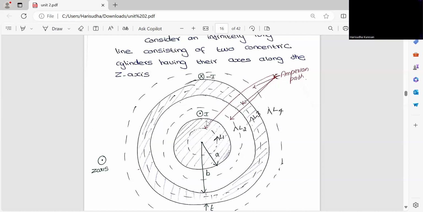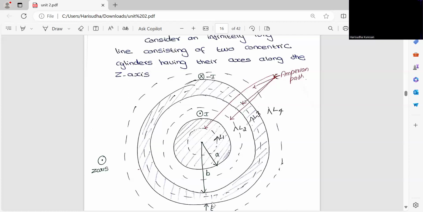This is your inner conductor, which has a radius A and carries a current I, while there is an outer conductor also, and its inner radius is B. You can see from the center point, the inner radius of this outer conductor will be B. And the outer conductor has a thickness of T, which carries a return current of minus I.